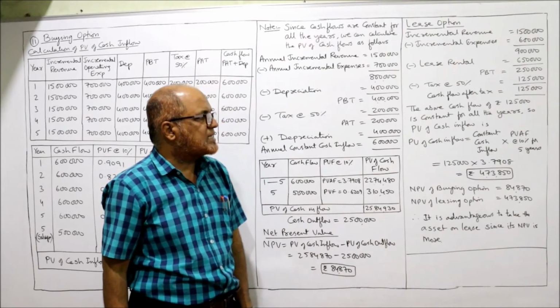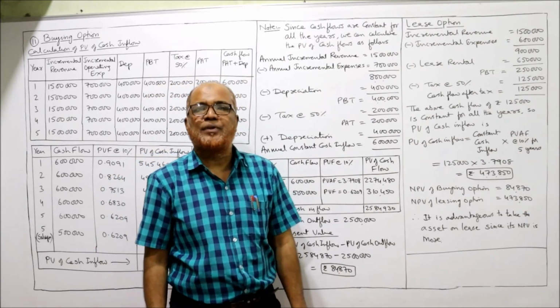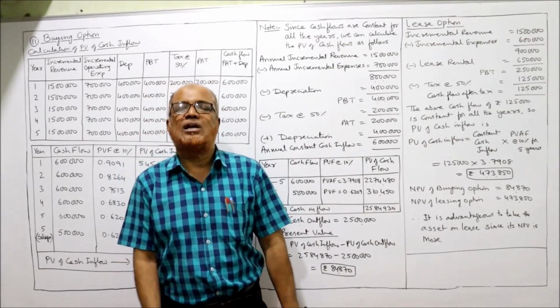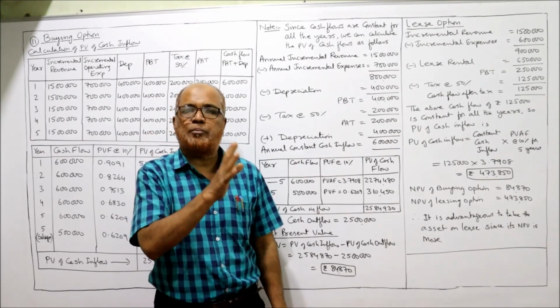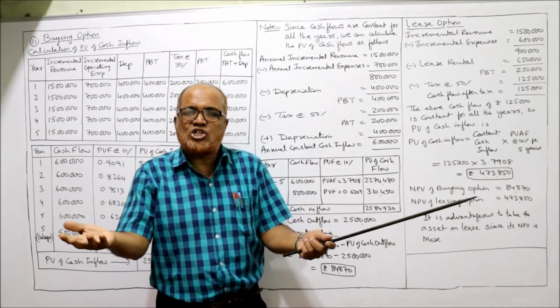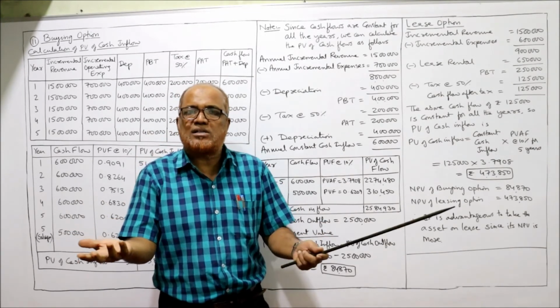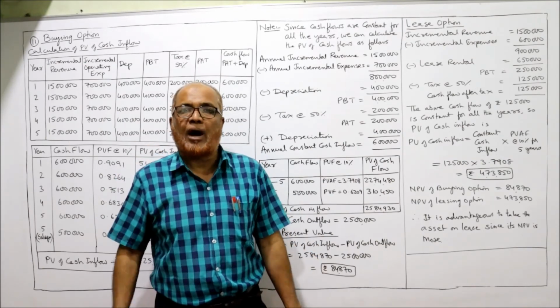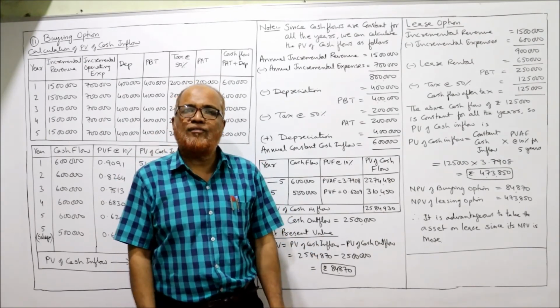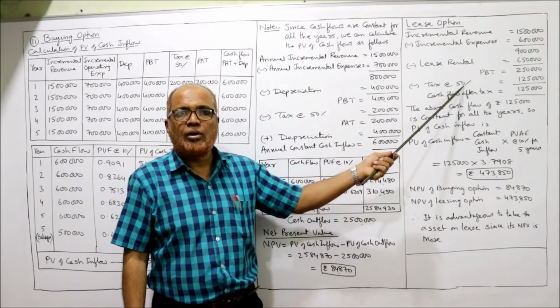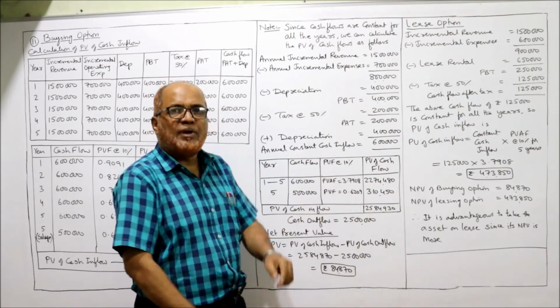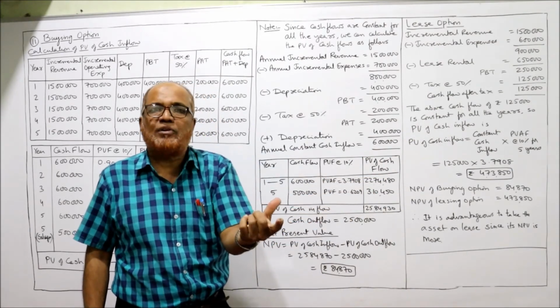So 4,73,850. So 4,73,850 is the NPV, net present value. PV of cash inflow or NPV, both are the same because there is no outflow. Outflow is 0. PV of cash outflow is 0. So NPV is PV of cash inflow minus PV of cash outflow.